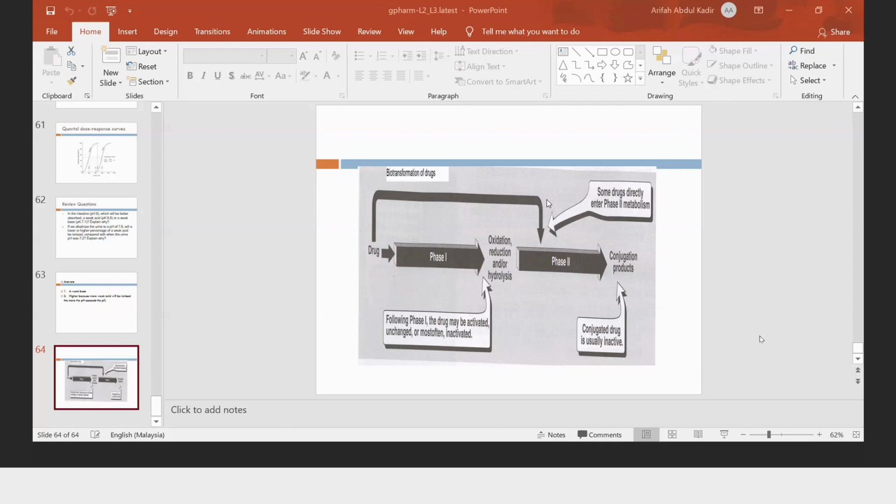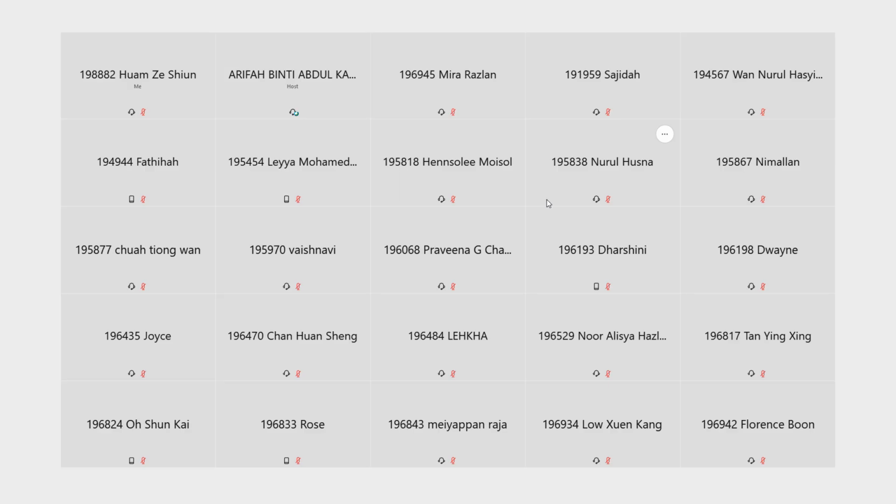On the dynamics, I briefly talked about the mechanism of action of drugs, what agonist and antagonist drugs are, and the dose response curves, the graded dose response curve, the quantal dose response curve, and so on. Now we will move on. I will stop sharing this slide.